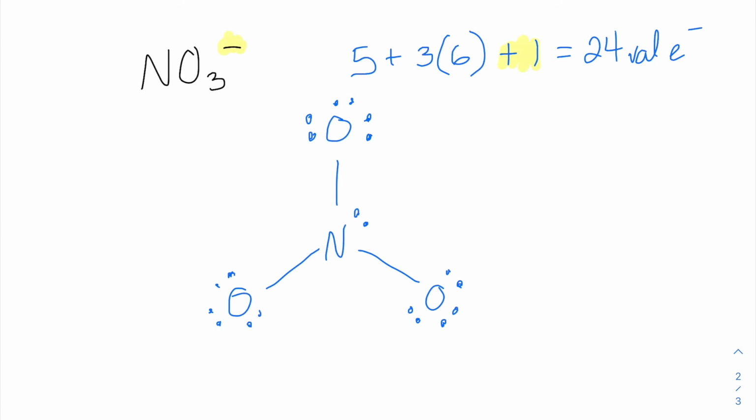So let's start with the lone pair on the nitrogen and one of the oxygens. Doesn't matter which. All right, so now if we create something like this, let's double check where we are. So we have, for this one, a 2, 4, 6, 8 count around the nitrogen for the bonded electrons.